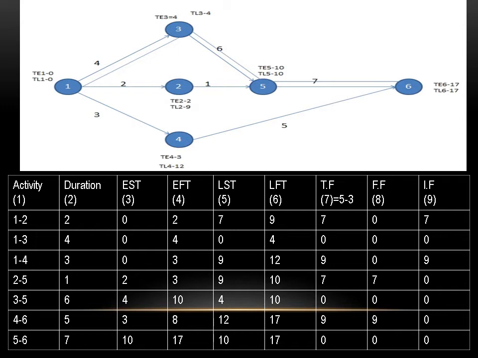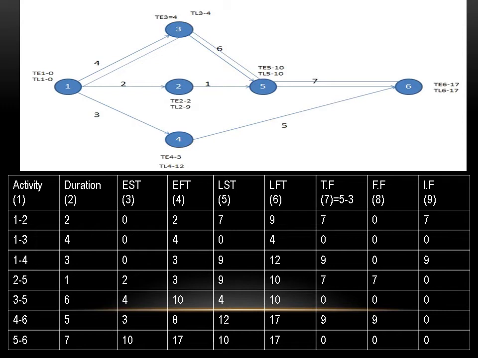Now free float. What is free float? Write a formula first. Free float is equal to total float minus, put a bracket, TL minus TE, close the bracket, at node J. For 1 to 2, node J is 2.